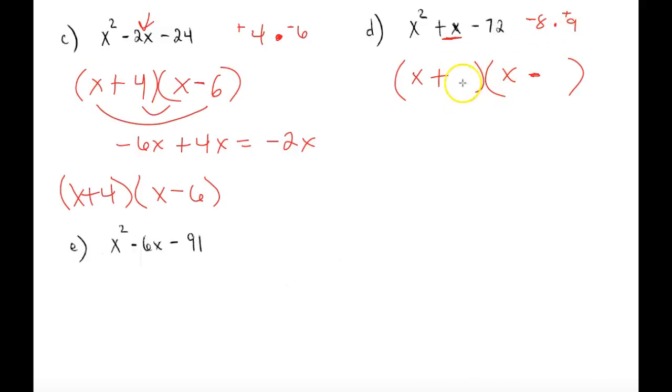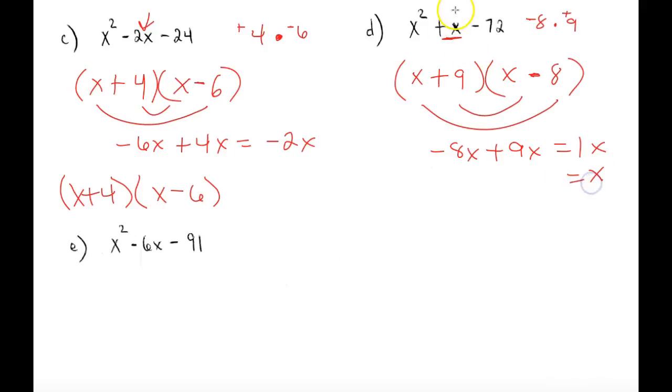Okay, so what that tells us is that the 8 needs to be here, the 9 needs to be here. And when we check this out, doing the outer and the inner part of the FOIL method, we see that we'll have negative 8x plus 9x, which gives us a positive 1x, which is just x, which is exactly what we have here. So therefore, we know that x plus 9 times x minus 8 is indeed our answer. Okay.